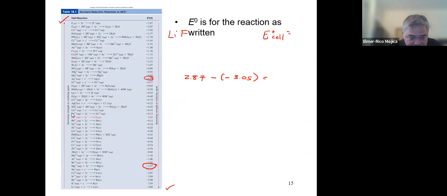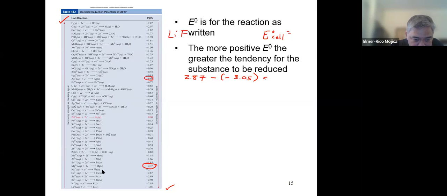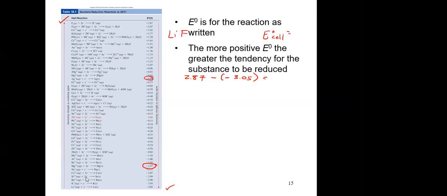Because there's tin that's +4 and +2. It's a negative 0.14 underneath Pb.